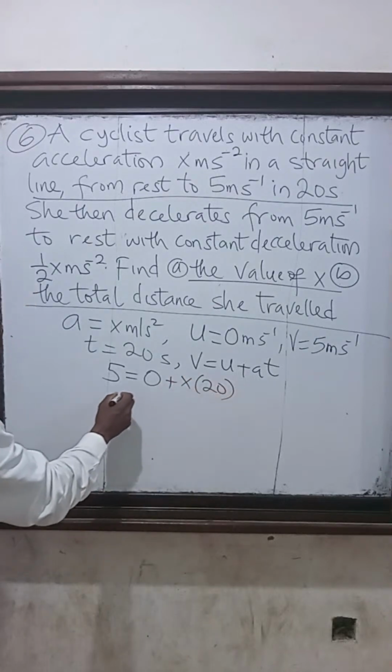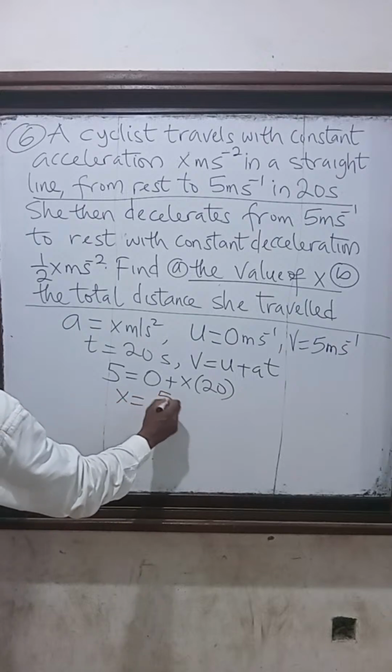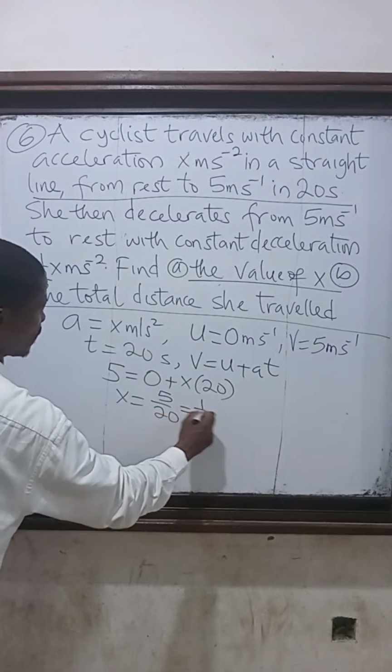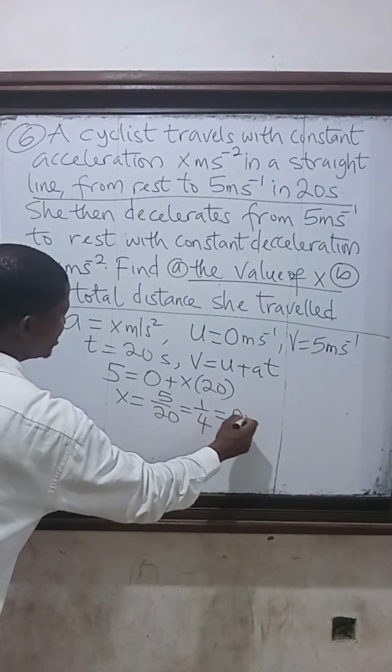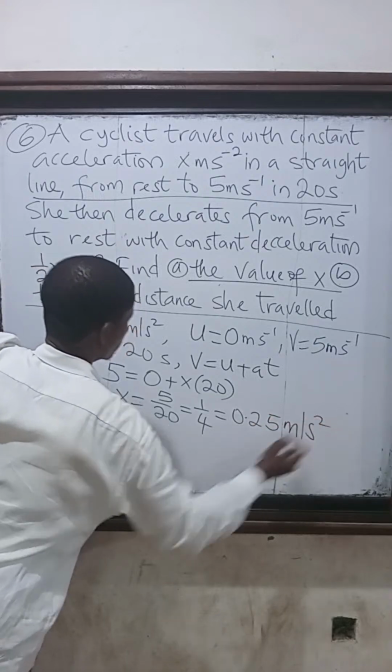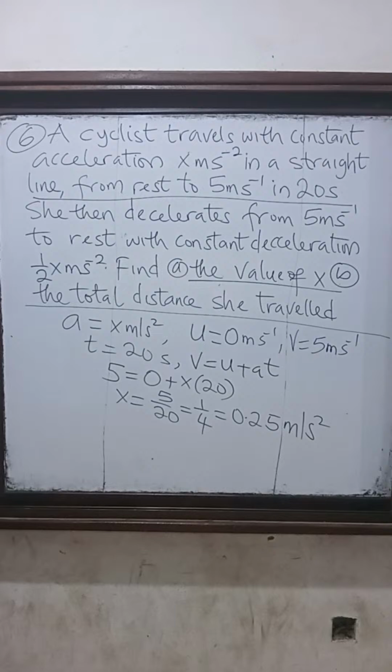So I can get the value of x, which will be 5 over 20, equal to 1 over 4, which is 0.25 meter per second squared. That's the acceleration, so we've gotten the acceleration now.